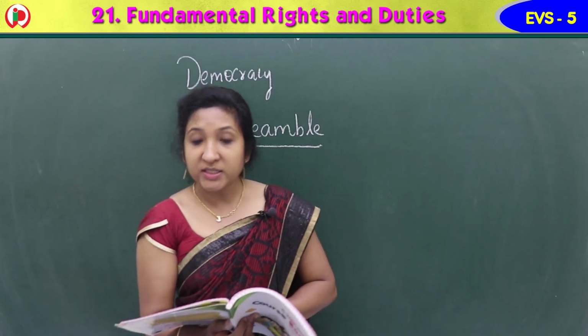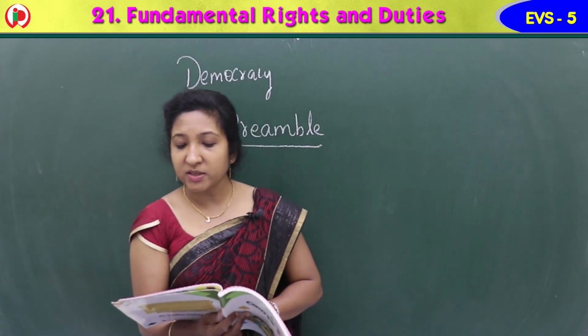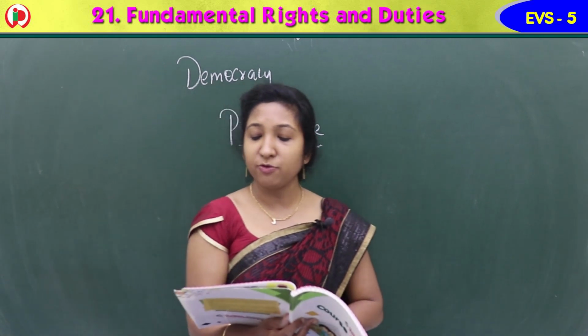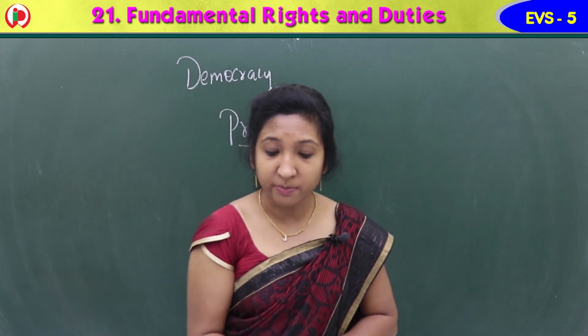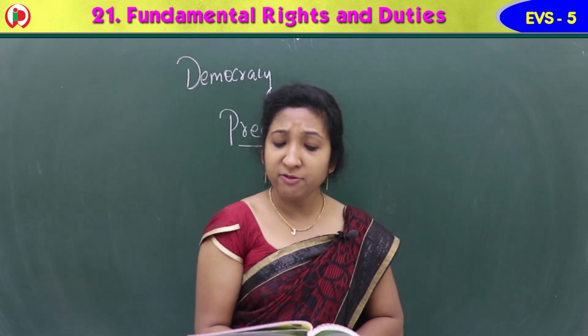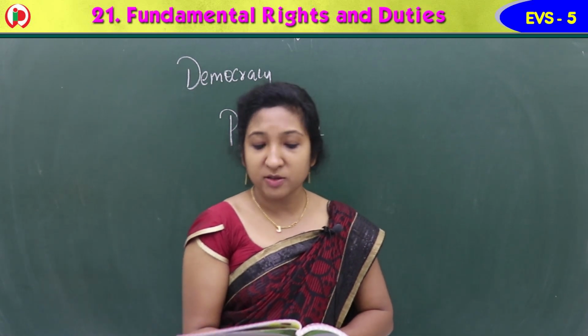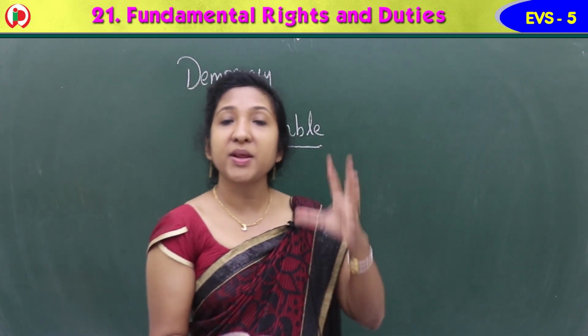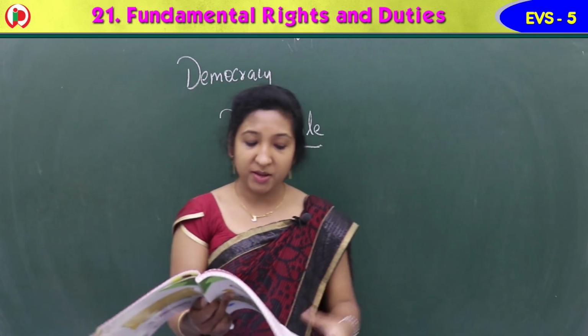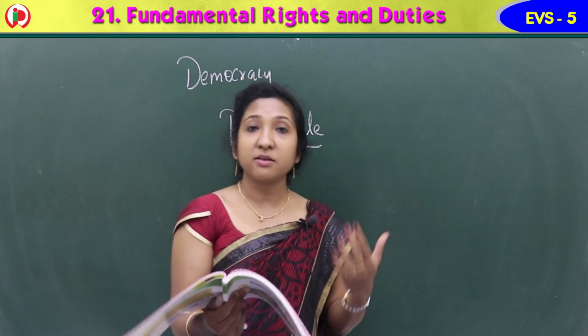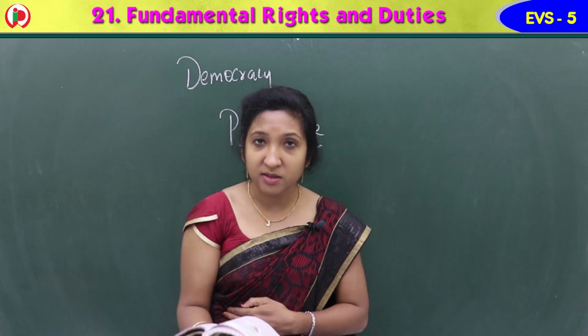In our Constituent Assembly, this 26th day of November 1949, do hereby adopt, enact and give to ourselves this Constitution. This is the preamble. The Indian Constitution starts with this preamble.